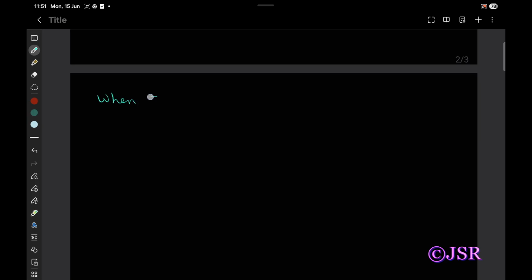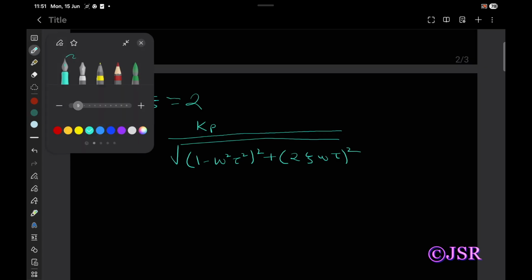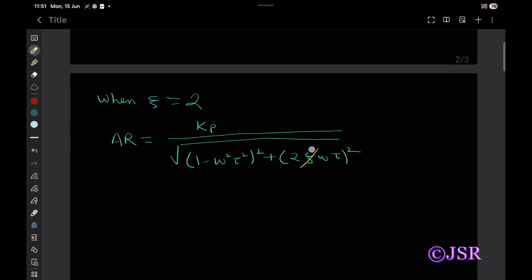When we have zeta equal to 2, the amplitude ratio will be Kp upon under root of 1 minus omega square tau square whole square plus 2 zeta omega tau whole square. So here zeta is equal to 2.